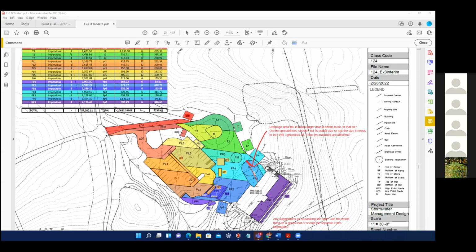What I meant by that was the retention area is much bigger than it needs to be. In the spreadsheet, do I say the minimum size it has to be, or should I just resize it so that the numbers match? Don't resize it.